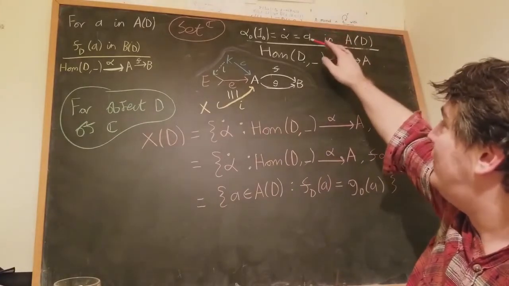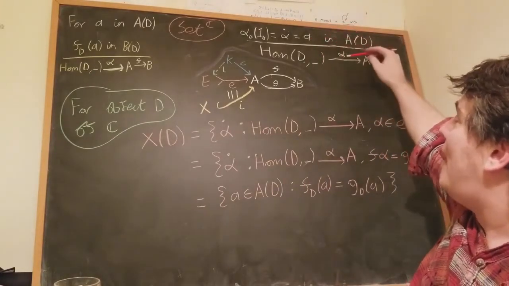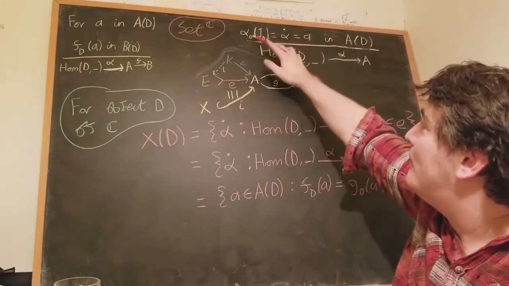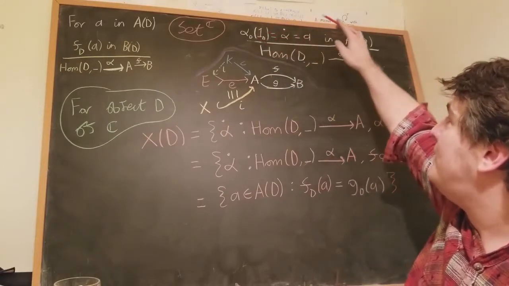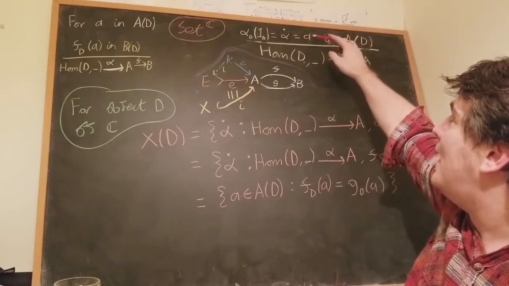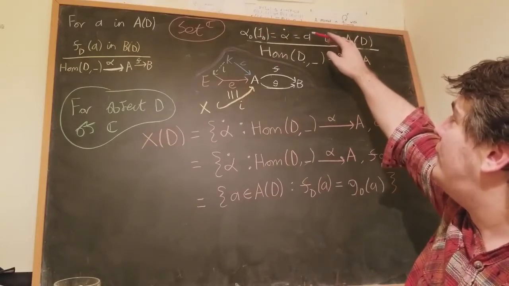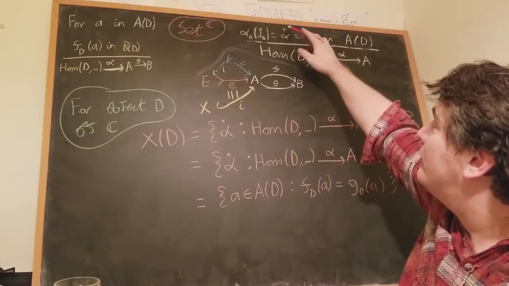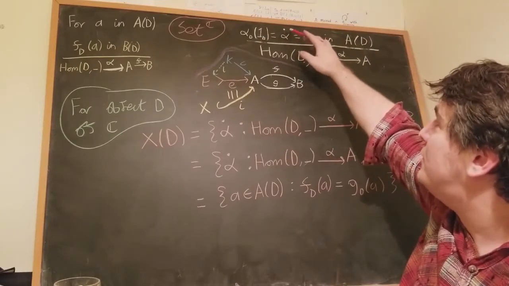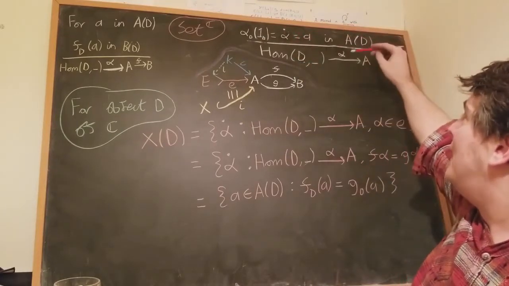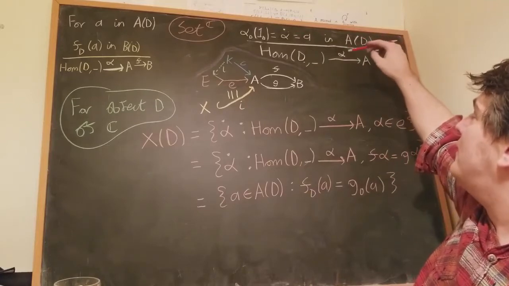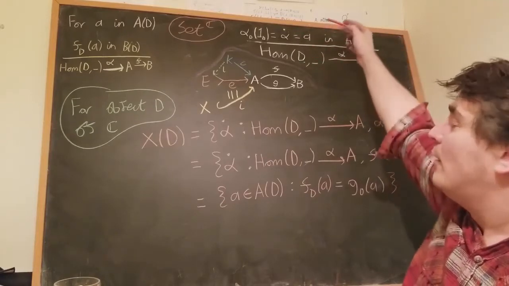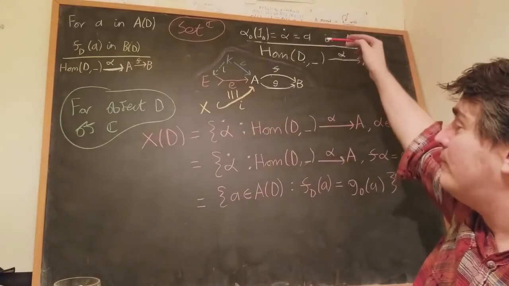To get this little a, we take our alpha and we do the D-th component of alpha on the identity, and that gives us this little a. So a good name for this might be alpha dot. We just use this notation to represent the element of A of D that this arrow corresponds with under this Yoneda correspondence.